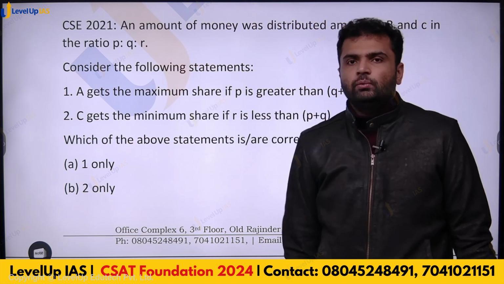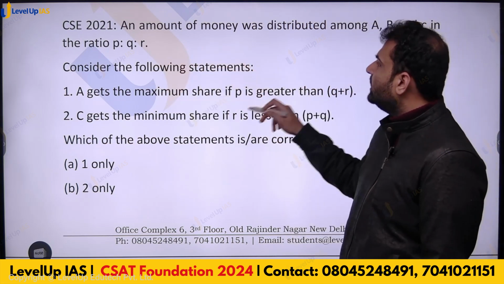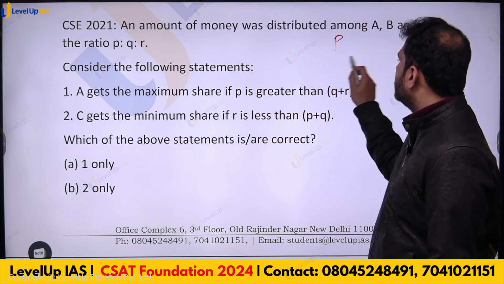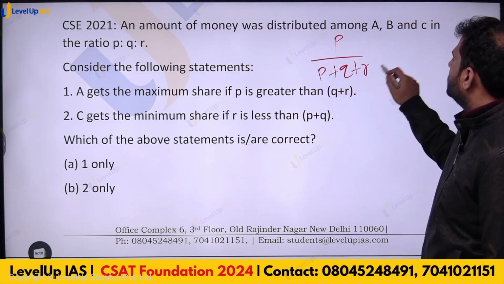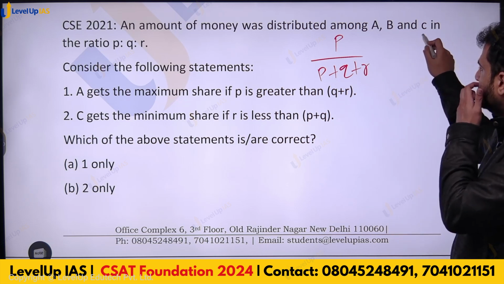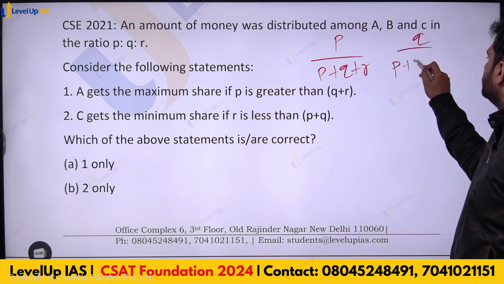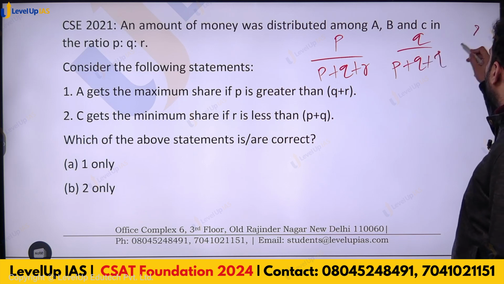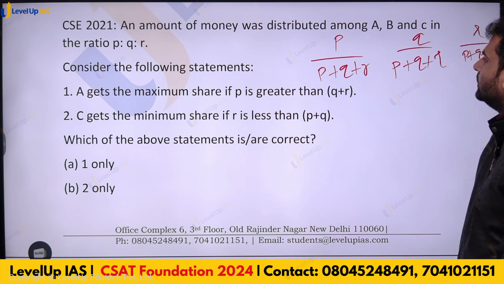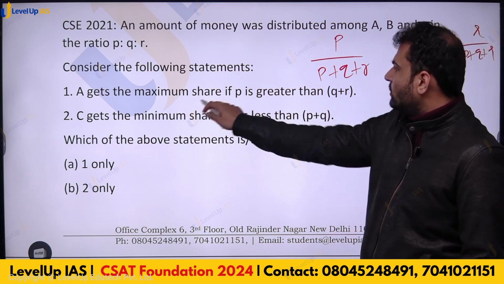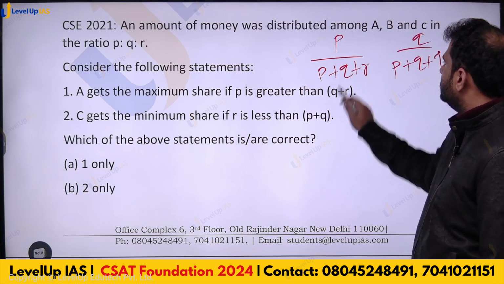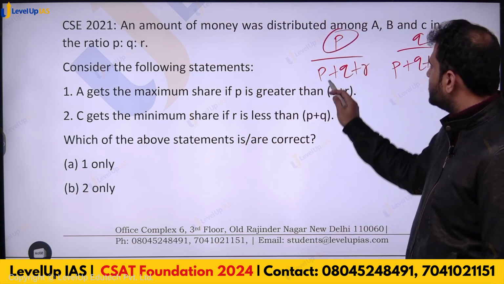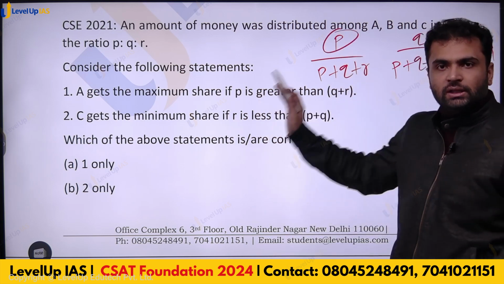So when this ratio is this, how much money will P get? P out of P plus Q plus R, and Q will get Q out of P plus Q plus R. R will get R out of P plus Q plus R. Right? A gets maximum if P is greater than Q plus R. If P is greater than Q plus R, then numerator is maximum. P plus Q plus R, denominator is constant for all the 3 quantities.